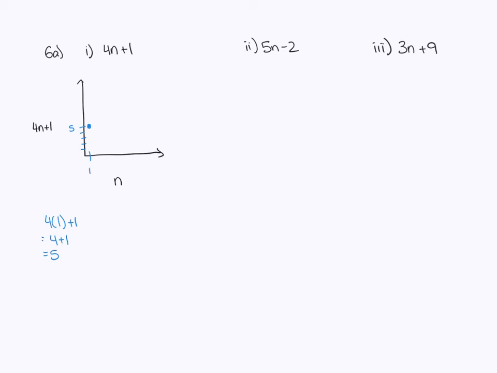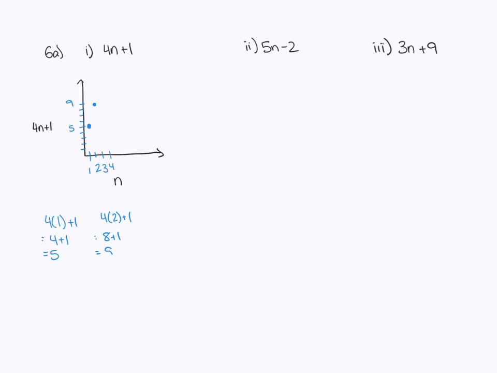So then when n is 2, you would figure out what is 4n plus 1, so 4 times 2 plus 1 is 8 plus 1 is 9. So then it would connect there. So you would do that until you found the n values of 1, 2, 3, and 4.